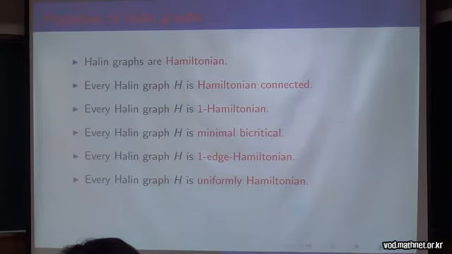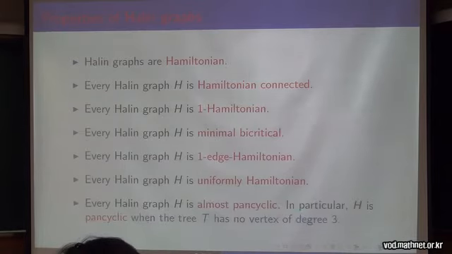And for any edge, there exists a Hamiltonian cycle including this edge and avoiding this edge. And also the Halin graphs have cycles of all lengths except possibly the even lengths.